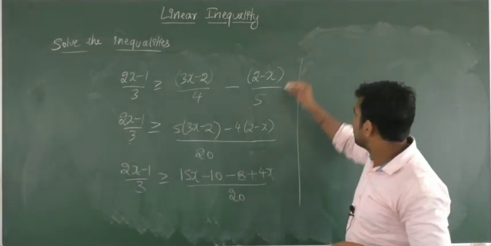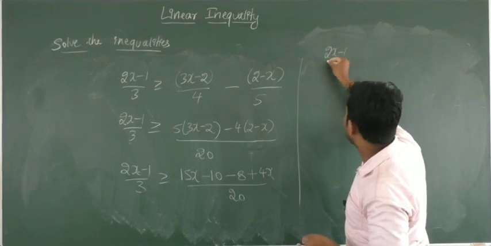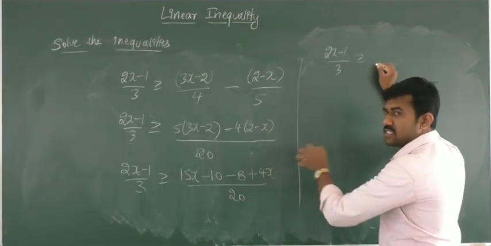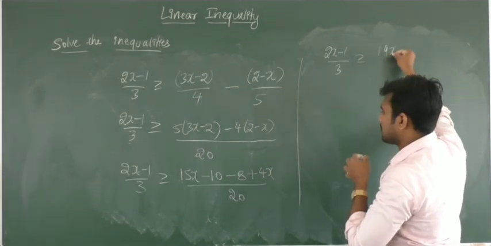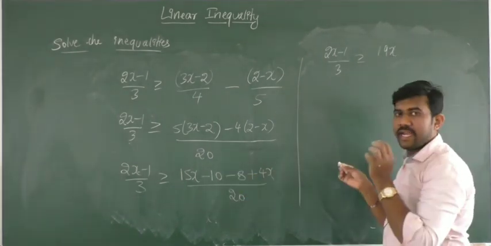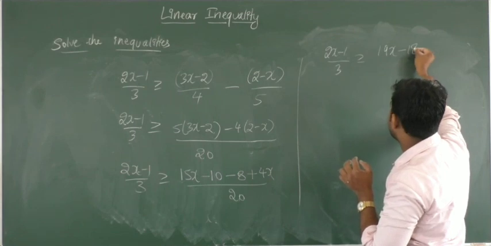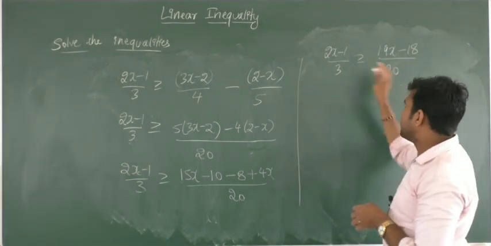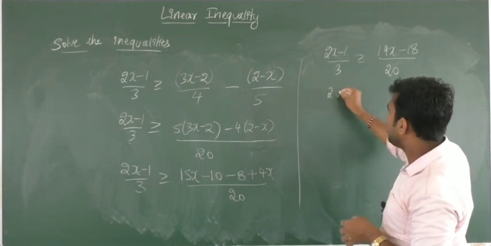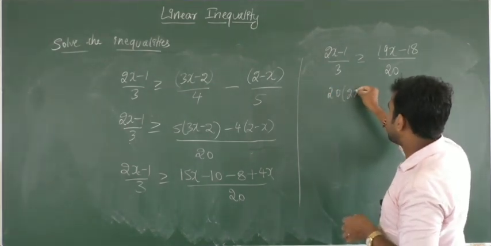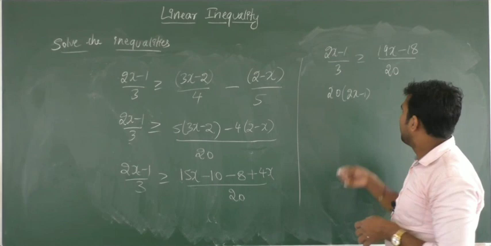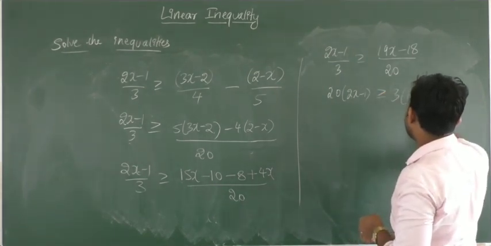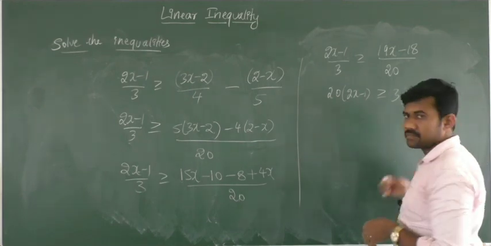Now we can write 2x minus 1 divided by 3 greater than or equal to 15x plus 4x, 19x, minus 10 minus 8 minus 18 divided by 20. Now do the cross multiplication, we'll get 2x minus 1 into 20 greater than or equal to 3 into 19x minus 18.